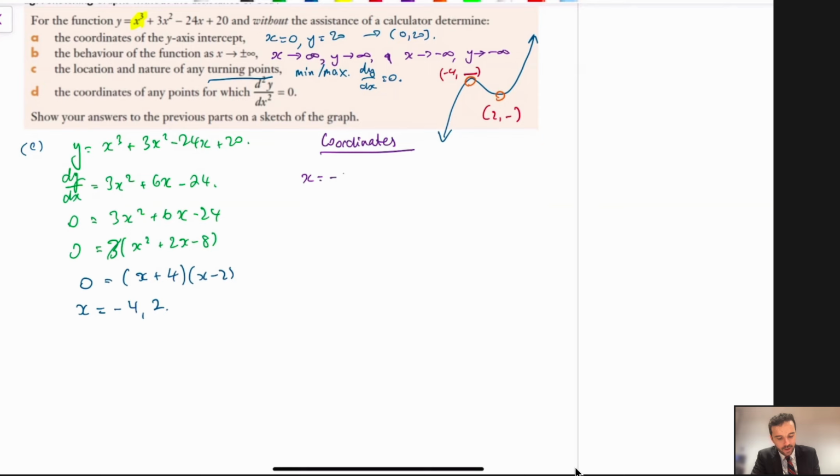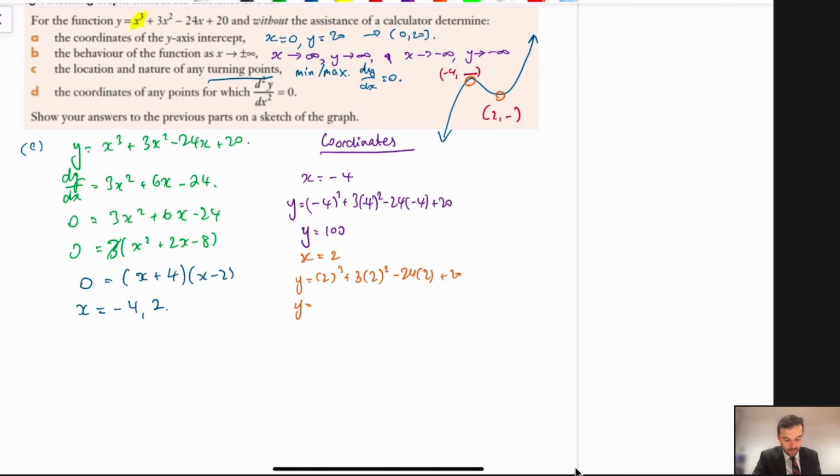When x is equal to negative 4, put it into our function, and y will pop out to be 100. Then we can put in the other one: x is equal to 2, plug it in, and y comes out to be negative 8.